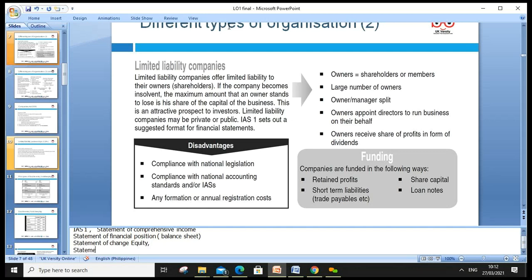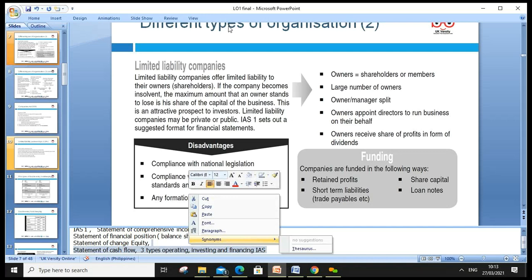Okay, the next statement is the statement of cash flow, and under cash flow we have three types of activities. We have operating, investment activities and financing activities, and this breakdown is under IAS 7 as well.